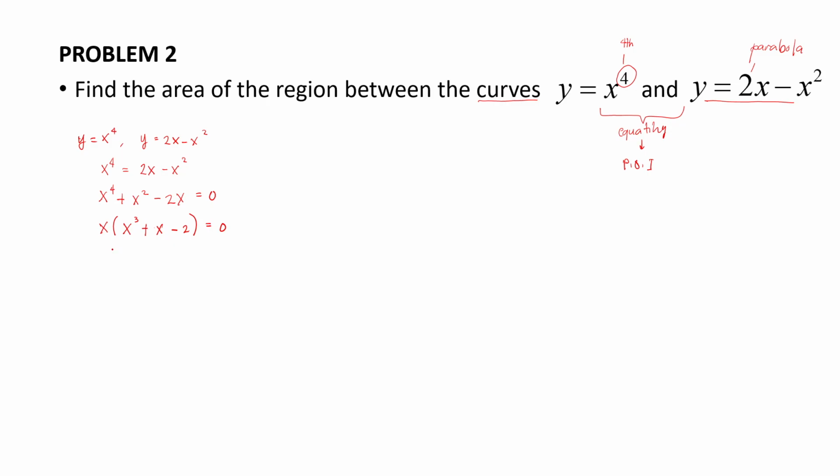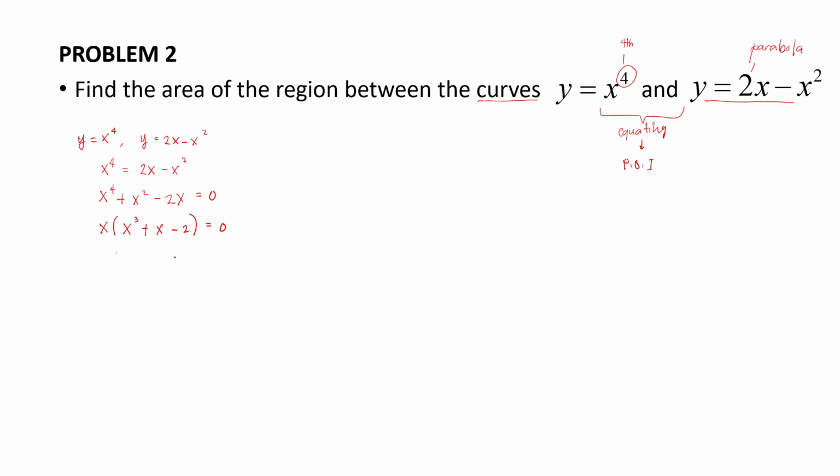Okay, so the first root is x equals 0. But for the other root, since this one is of the third degree, the shortcut here is the calculator's equation mode. I think it's mode 5 and then the cubic option. So just try to explore your calculator.